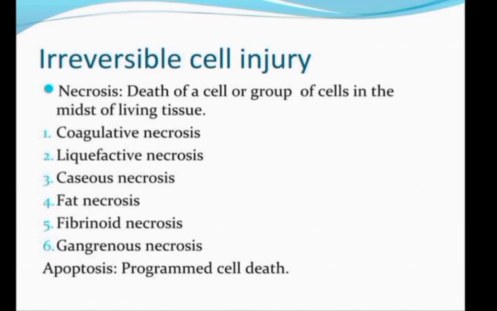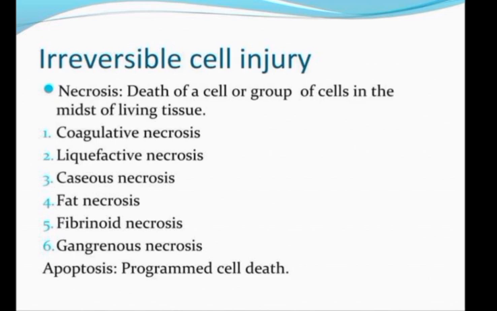Second, generation of reactive oxygen species: during reperfusion, oxygen generates toxic free radicals, the main one being the superoxide radical. Third, inflammatory responses: reperfusion attracts inflammatory cells, which release more free radicals and proteolytic enzymes, resulting in additional tissue injury.